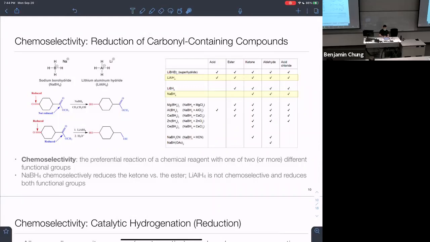I don't expect you to memorize all the things that aren't highlighted. But just know that lithium aluminum hydride reduces pretty much everything. Sodium borohydride can only reduce ketones, aldehydes, and acid chlorides. It doesn't touch acids and esters.